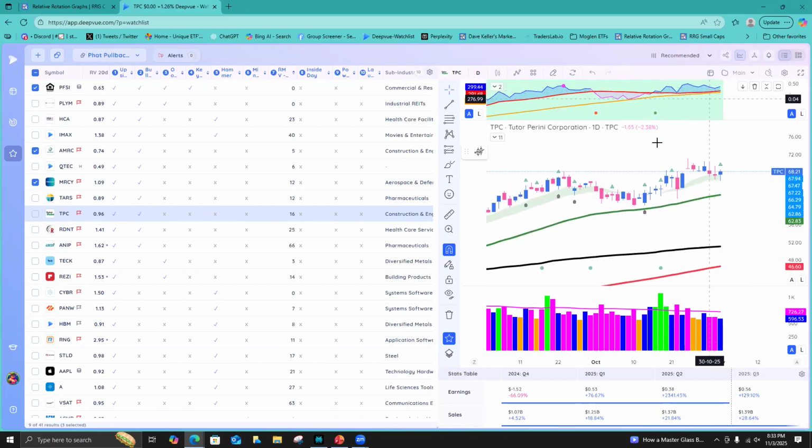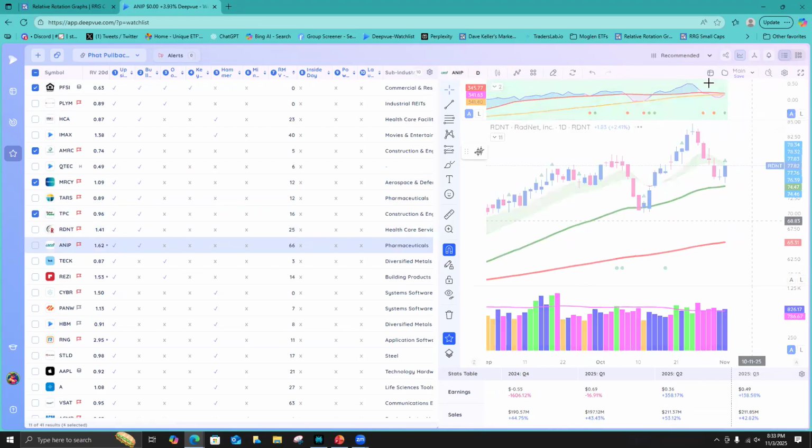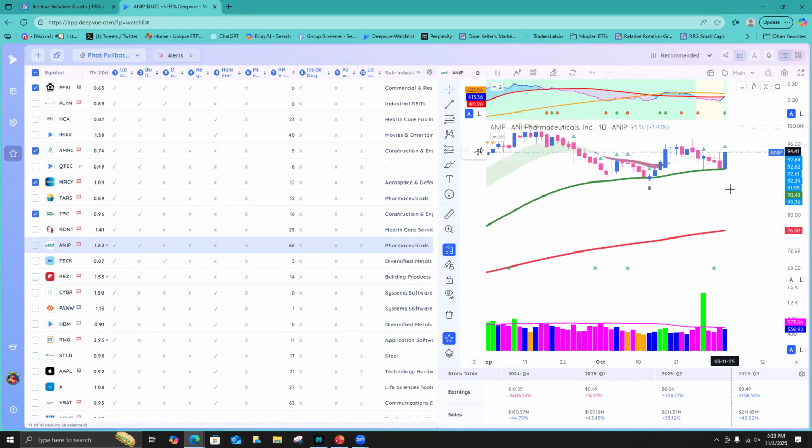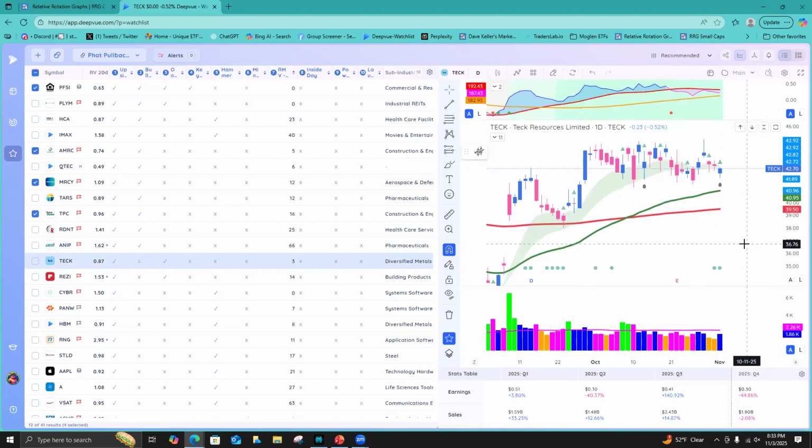Really seeing the ones that are showing out today. TPC, RDNT, basically anything relative strength is almost like an automatic on the radar. Diversified metals, tech, a bit of a copper play, right? I like that the RMV is tight, it's holding this base after this huge move up.